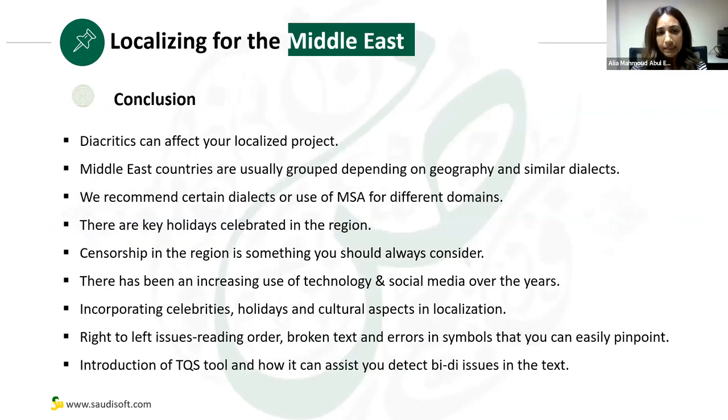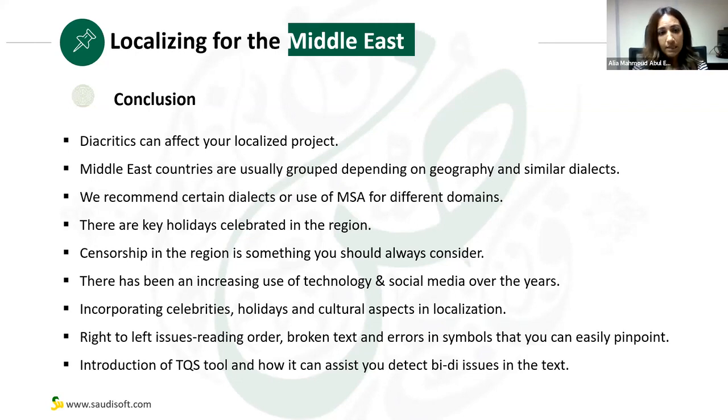So lastly, we'd like to finish off this webinar with some key takeaways. As we know, we've shared lots of information with you today, so we'd just like to summarize it for you. One of the main points we discussed is that diacritics play a huge role in localization, and they're used mainly to clear ambiguity in words that are written similarly.